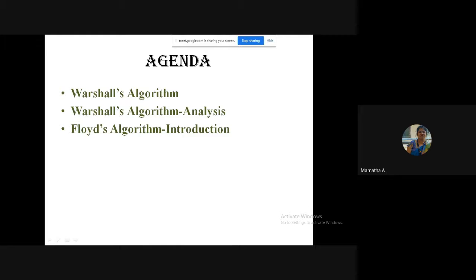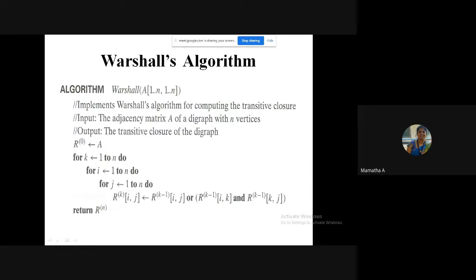So as we all know, Warshall's algorithm is basically used to find the transitive closure of a given directed graph. So what is a transitive closure? It is the path matrix of a given directed graph. In the previous session, we have seen how to compute it by illustrating the normal manual method of computing the path matrix, and also with a problem.